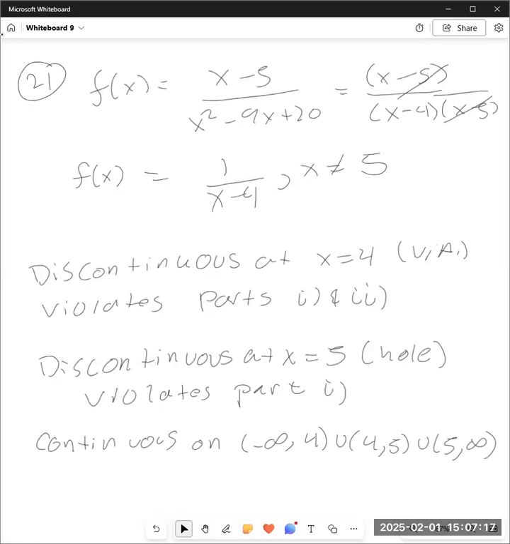Let's look now at number 25 from the textbook. Number 25 is f of x is equal to the square root of x plus 2. So we're going to say, for the purposes of this course, that radical functions are continuous on their entire domain.